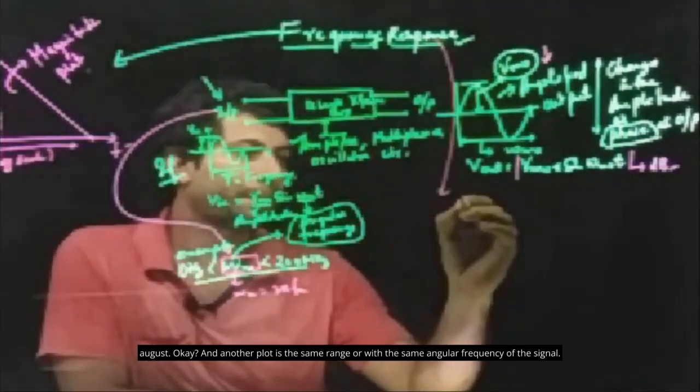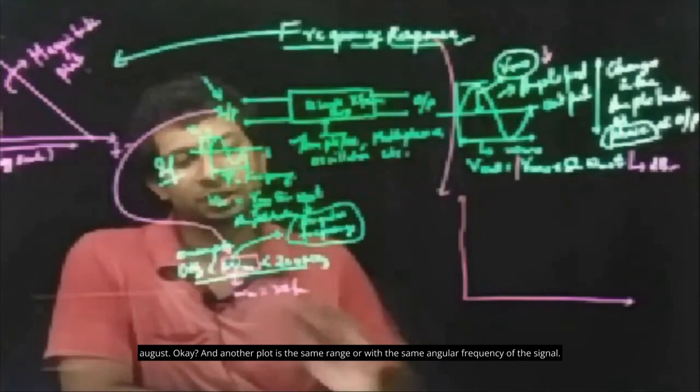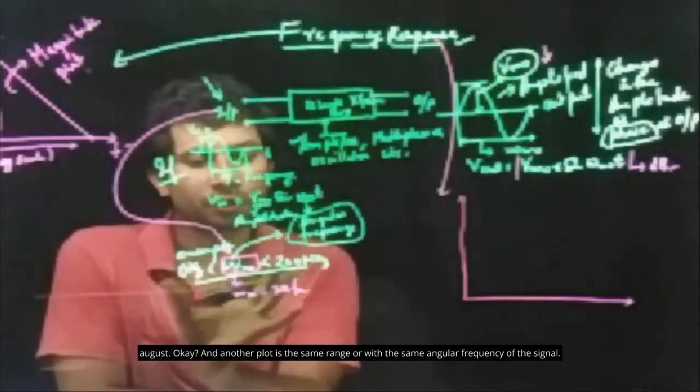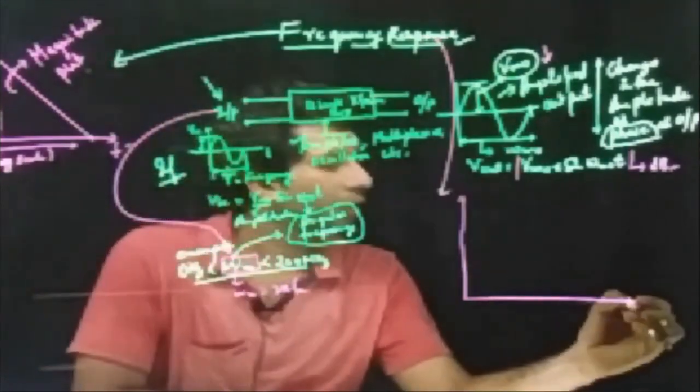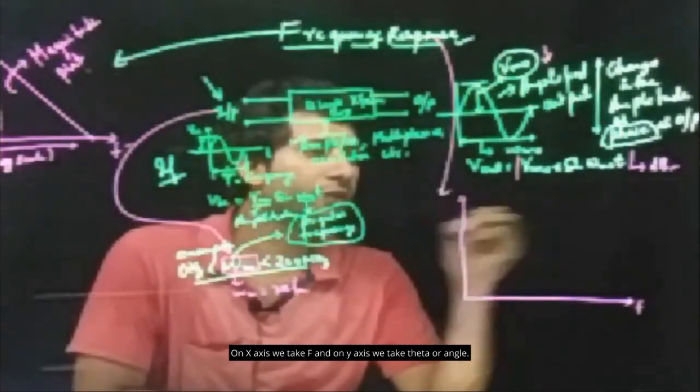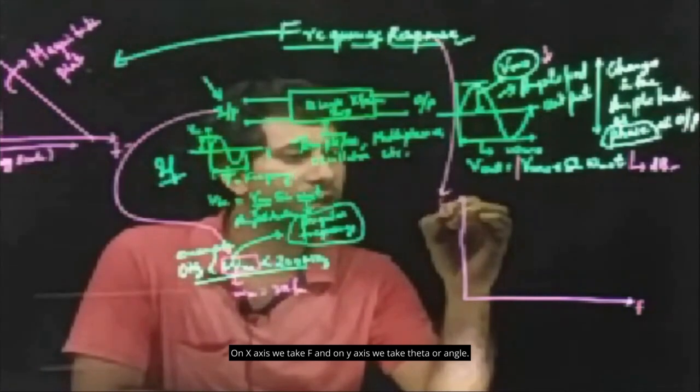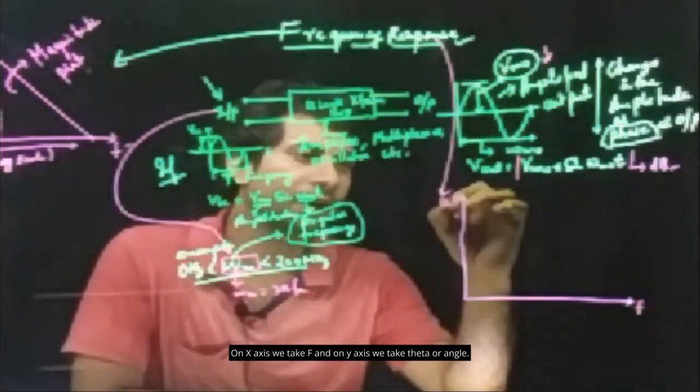Okay, and another plot is with the same range of angular frequency of the signal. On the x-axis we take f, and on the y-axis we take theta, or angle.